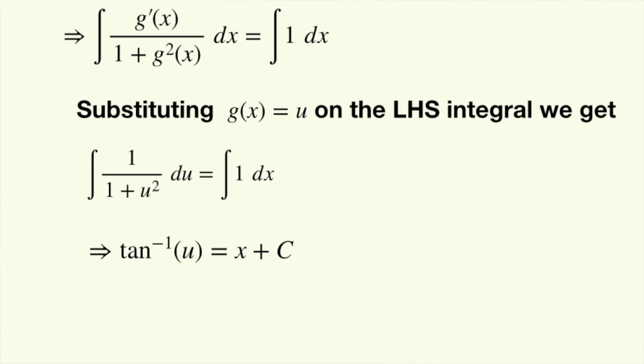Now integral of du divided by 1 plus u square is tan inverse u. So from this we get that tan inverse u is equal to x plus c, and that would mean that tan inverse of gx is equal to x plus c, or gx is equal to tan of x plus c. That's an important relation that we have got, that gx is equal to tan of x plus c.